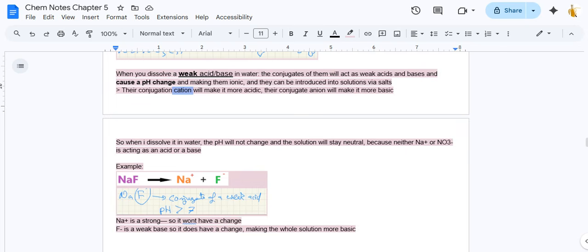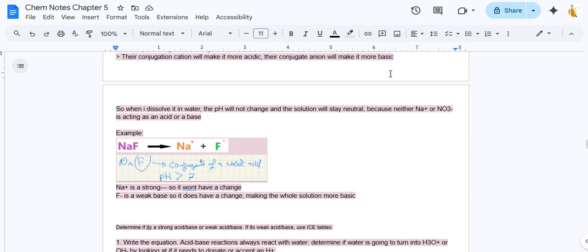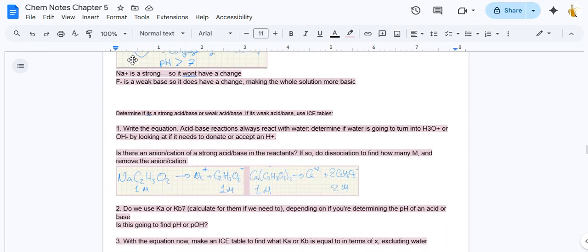So an H3O plus is also a cation. And you know H3O plus makes a solution more acidic. So that's just a way you can know that cations make solutions more acidic, because H3O plus is also a cation. That way you don't need to memorize this.